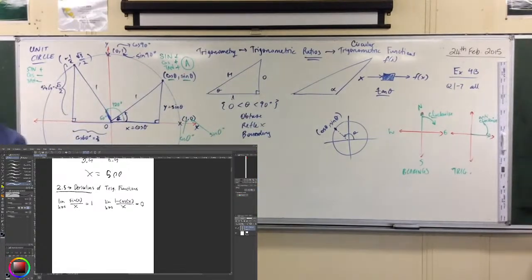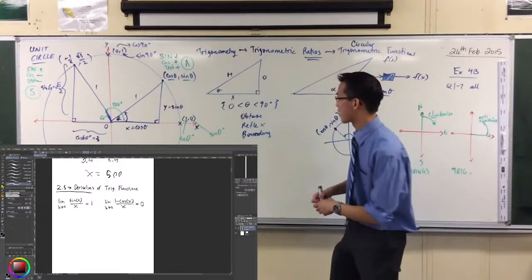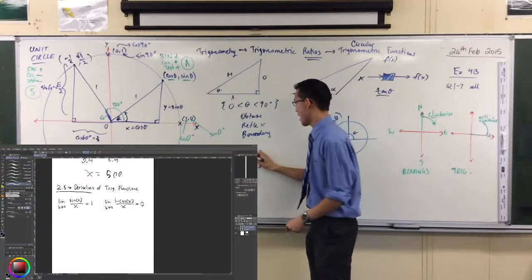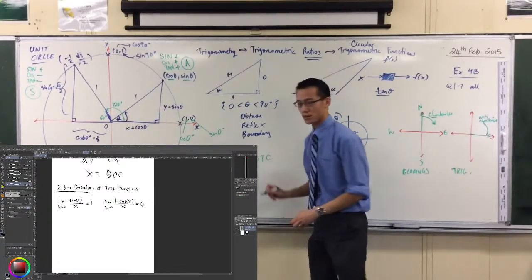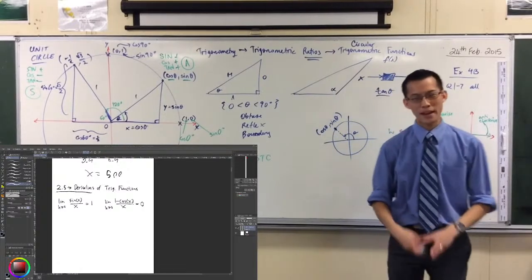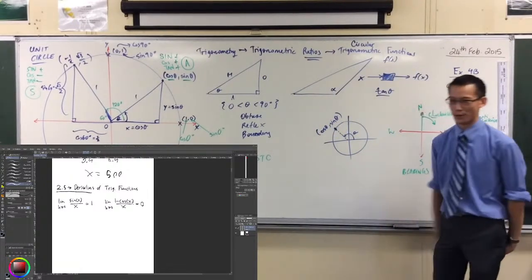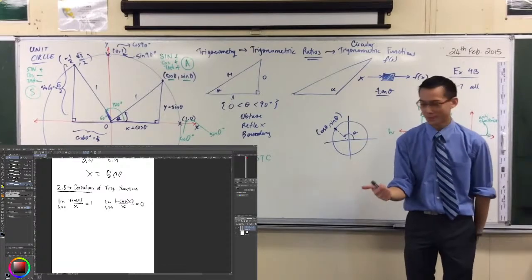Over here, what's positive? S for sine. Down here, T for tan. And then over here, C for cos. So some of you have heard this as the acronym, starting from the first quadrant, A, S, T, C. Which, depending on who you ask, stands for all stations to central.